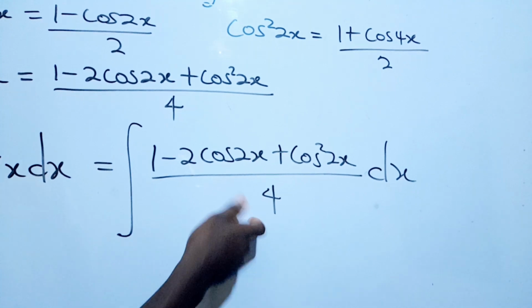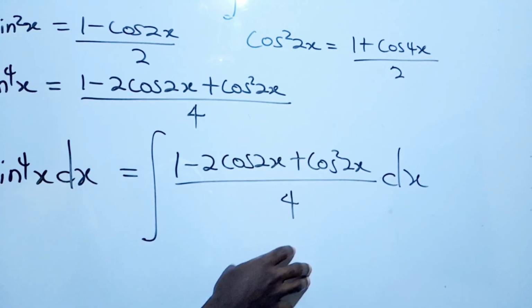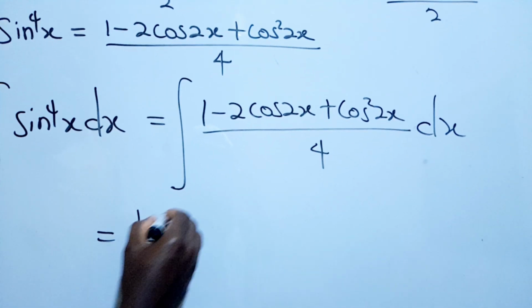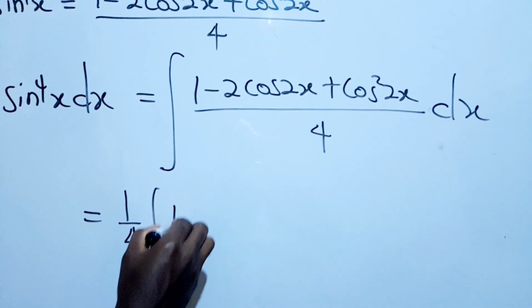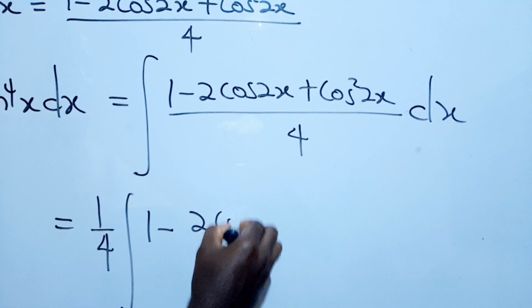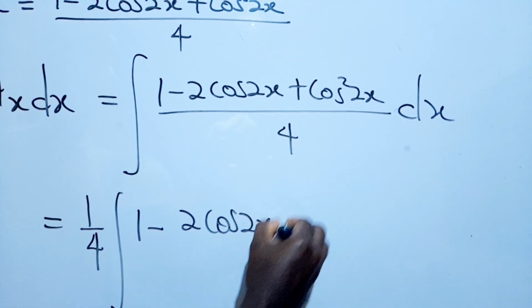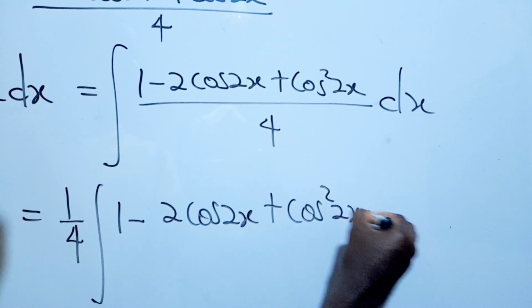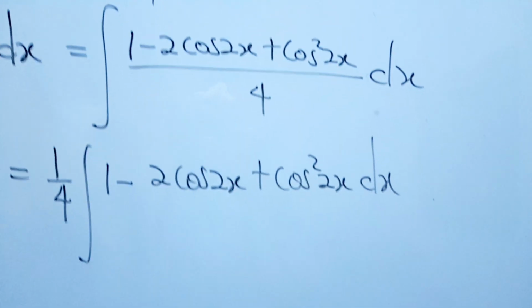So now, since this is a fraction, which is 1 over 4, I can pull it out. So I'll have 1 over 4, the integral of 1 minus 2 cos 2x, then plus cos square 2x dx.